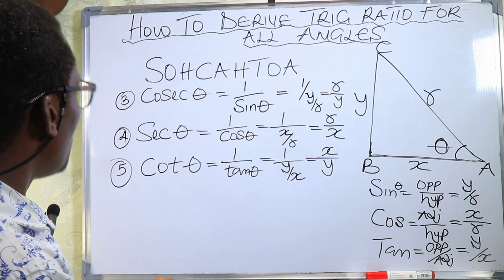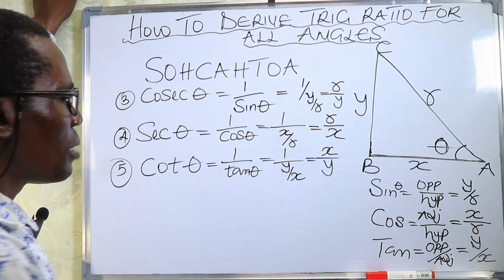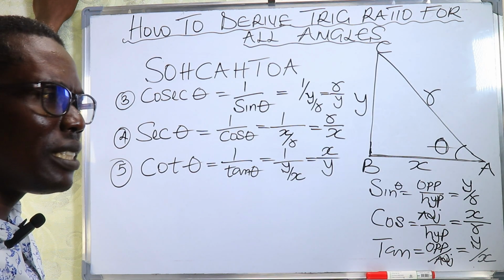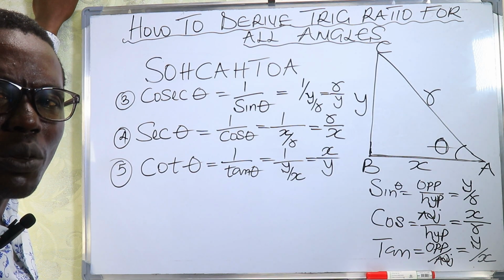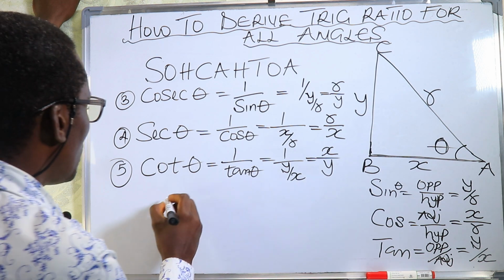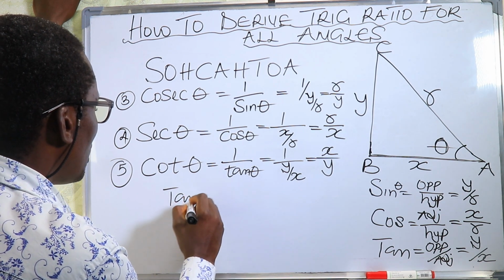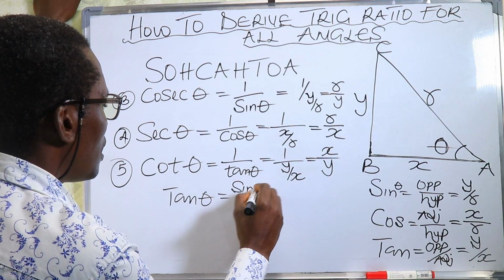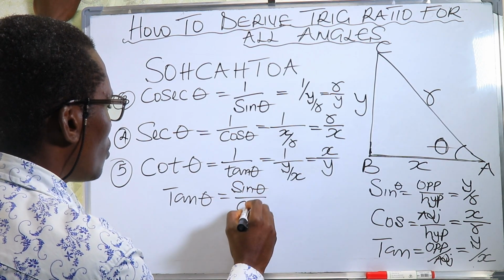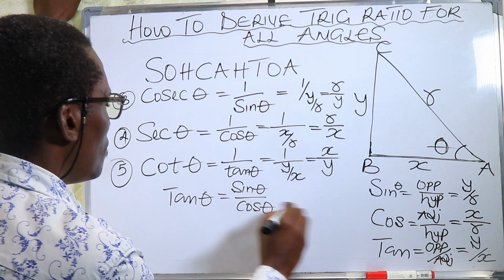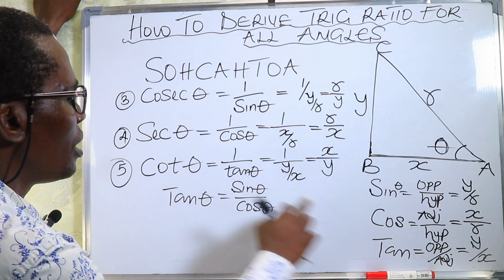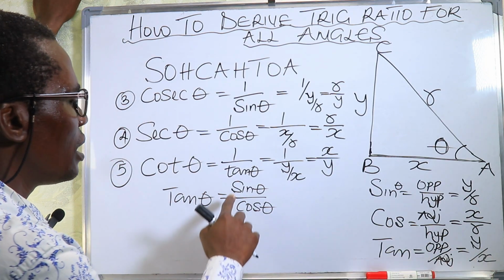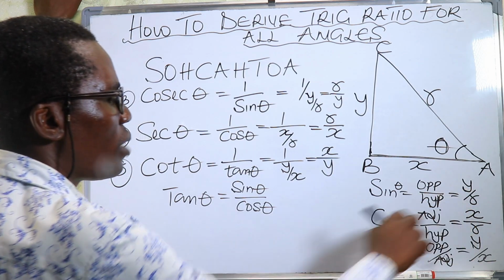If for example they tell me that tan theta is sine theta all over cos theta, how will we prove this one? Is it possible? Remember that tan theta we find as y all over x, and we find sine theta as y all over r.